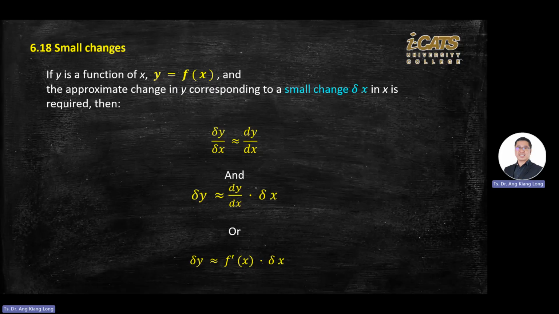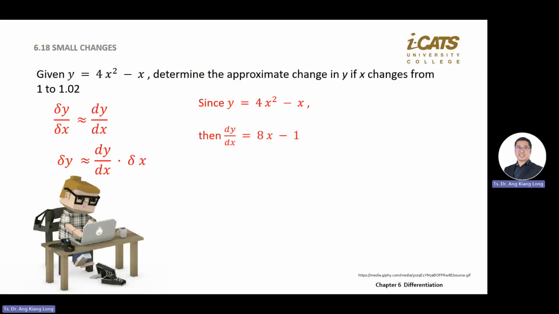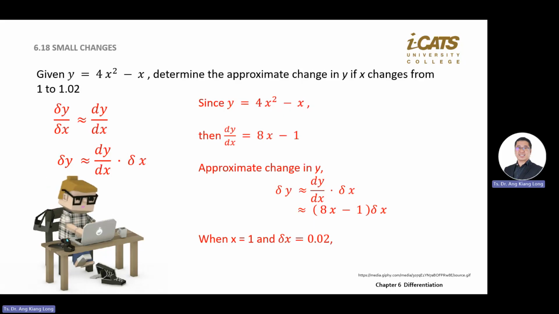When you see the question asks you to find approximate changes, then you apply this formula: delta y, delta x, curly, very near, approximate to dy dx. Then you substitute the values there. This is when the question asks you to find approximate changes given an equation.